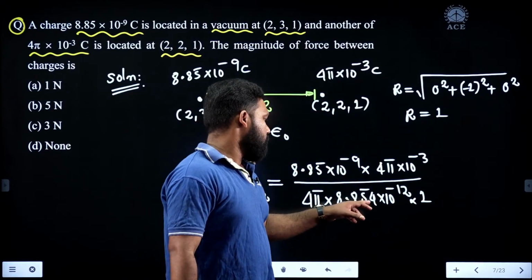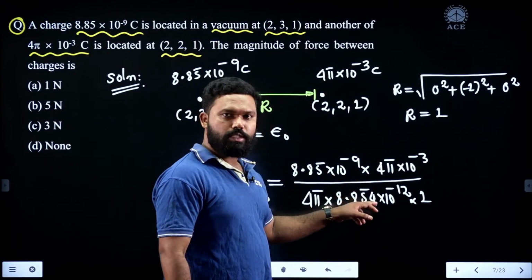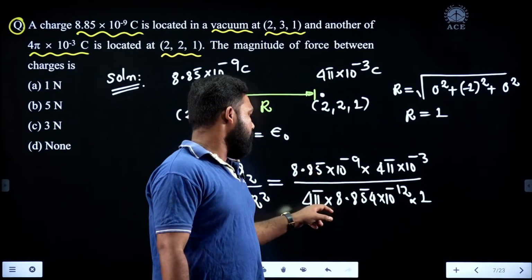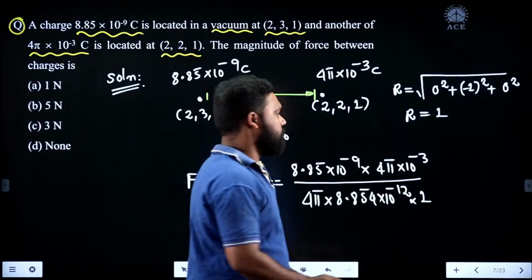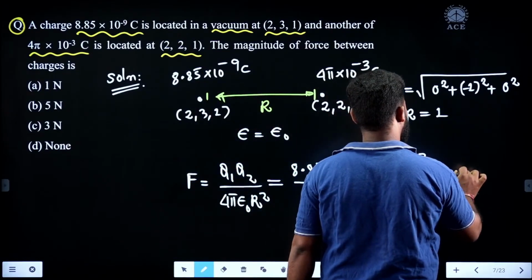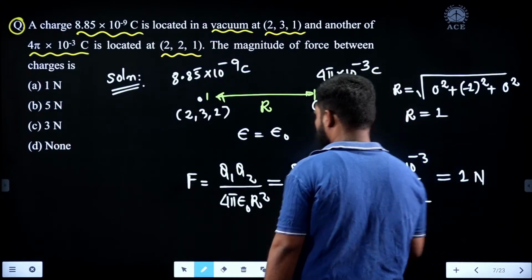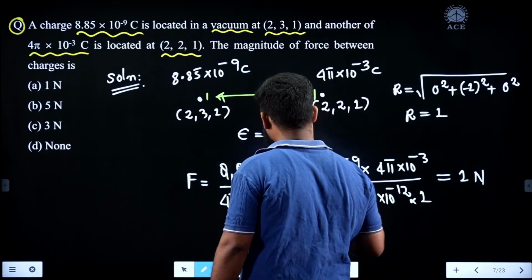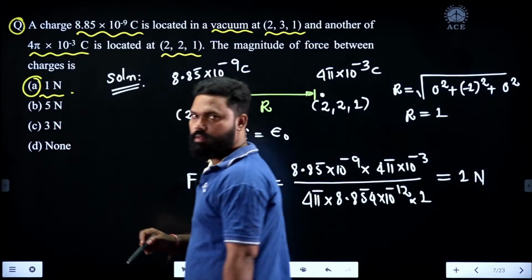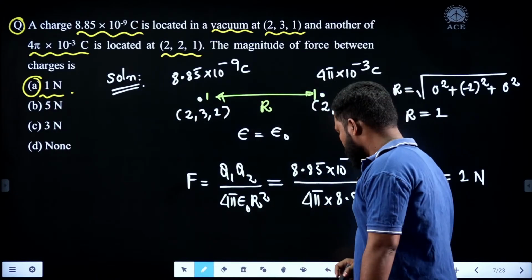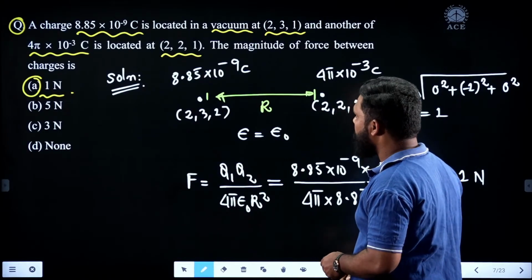So you can just discard that 4 pi, these two cancel. Here 10 to the power of minus 12, here also 10 to the power of minus 12. So the numerator is same as the denominator, it is 1 Newton is the answer. Clear? Okay. Let us have one more question.